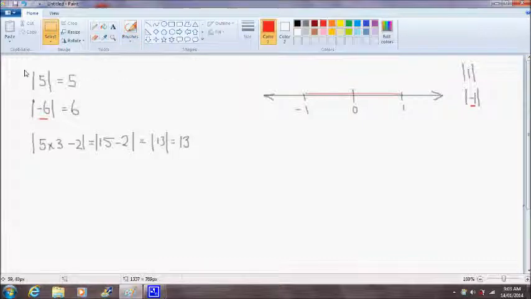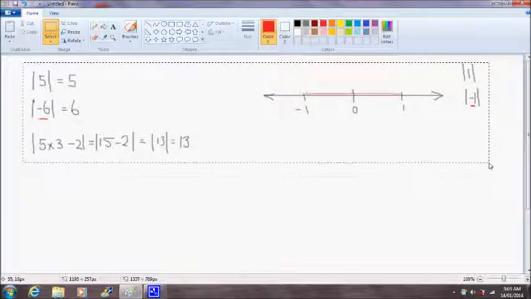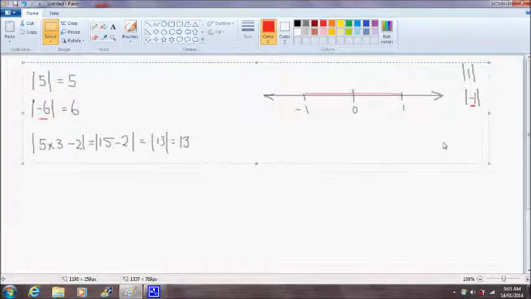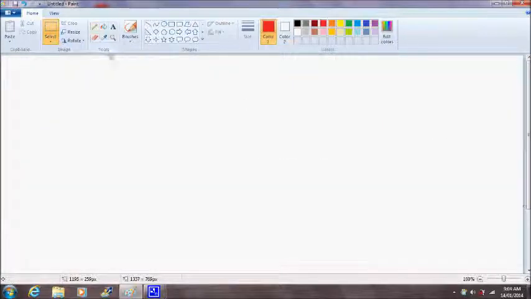Okay, so conversely, if we have a variable inside of our vertical bars, like the absolute value of x is equal to, say, 3, well, there are only two possible solutions for x.